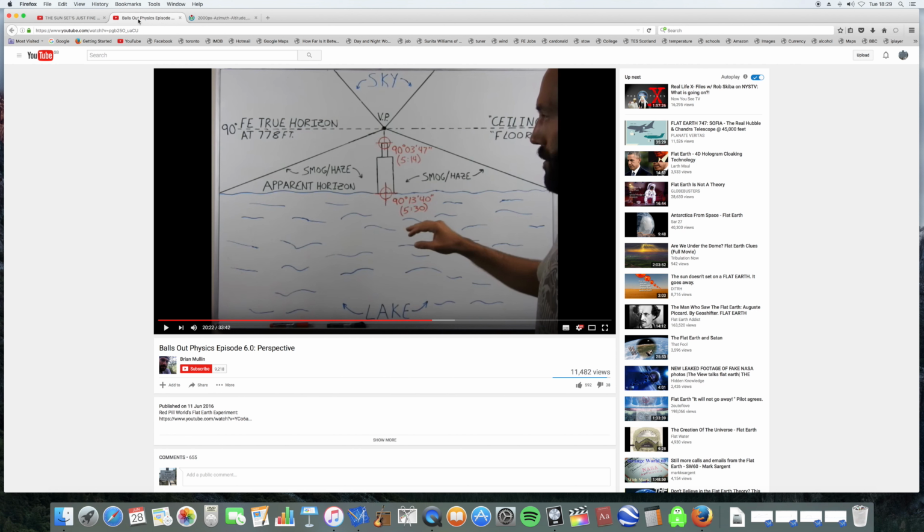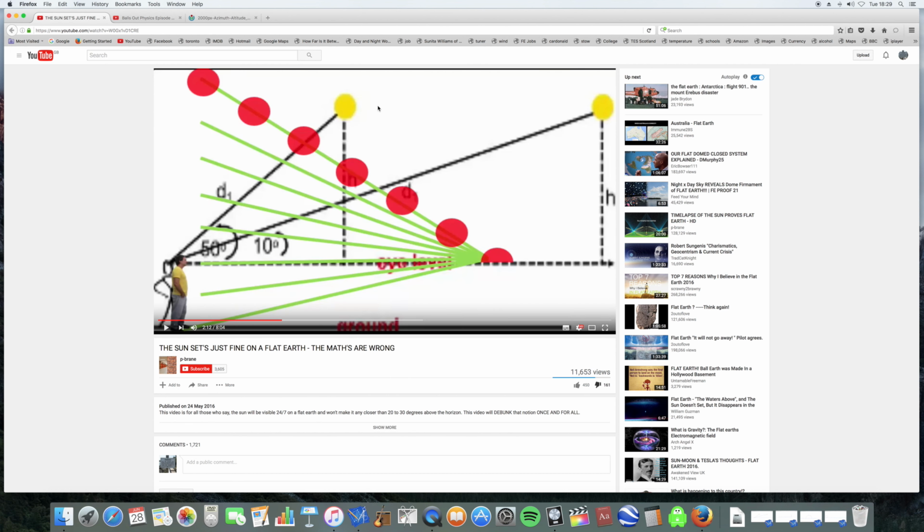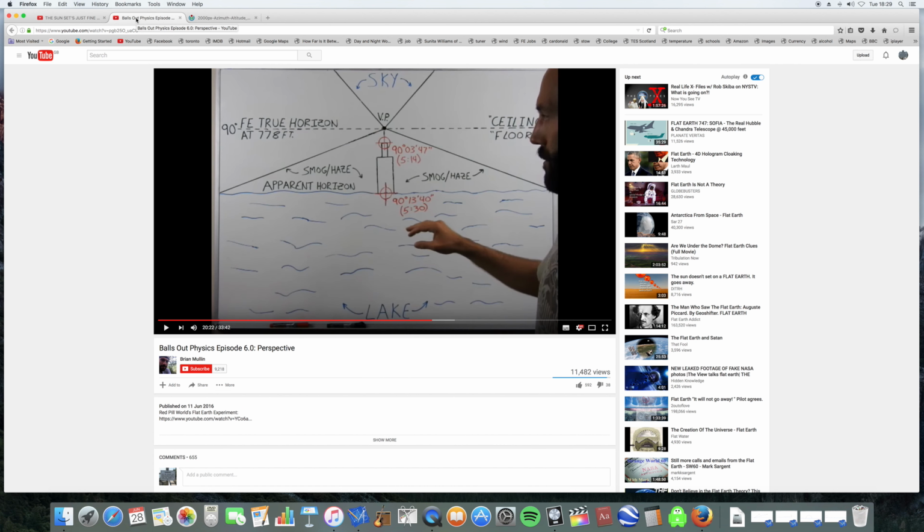So he does the same sort of thing, but in this case, what p-brane's trying to explain is why the sun reaches the horizon, which you wouldn't expect it to do on a flat earth. What Mullen's doing is trying to explain why buildings disappear behind the horizon, which again, you just wouldn't expect to happen on a flat earth. So again, they have to make up this nonsense about perspective.